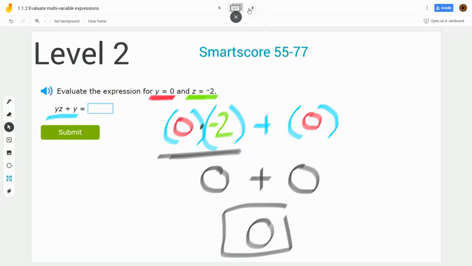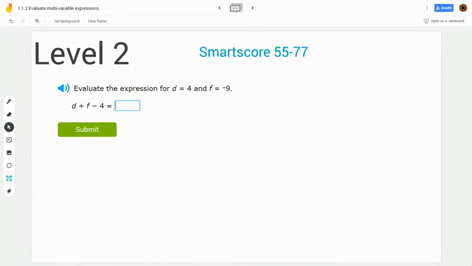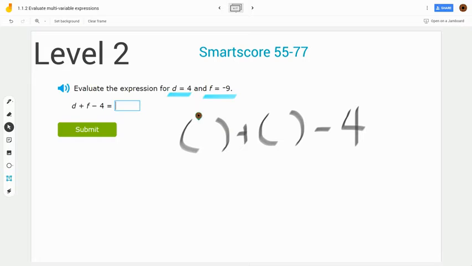I've got another level 2 type problem. So here again we have 2 variables. D is 4, F is -9. So it's an addition and then a subtraction. So D plus F minus, and this one we know is 4. So D is 4, F is -9.